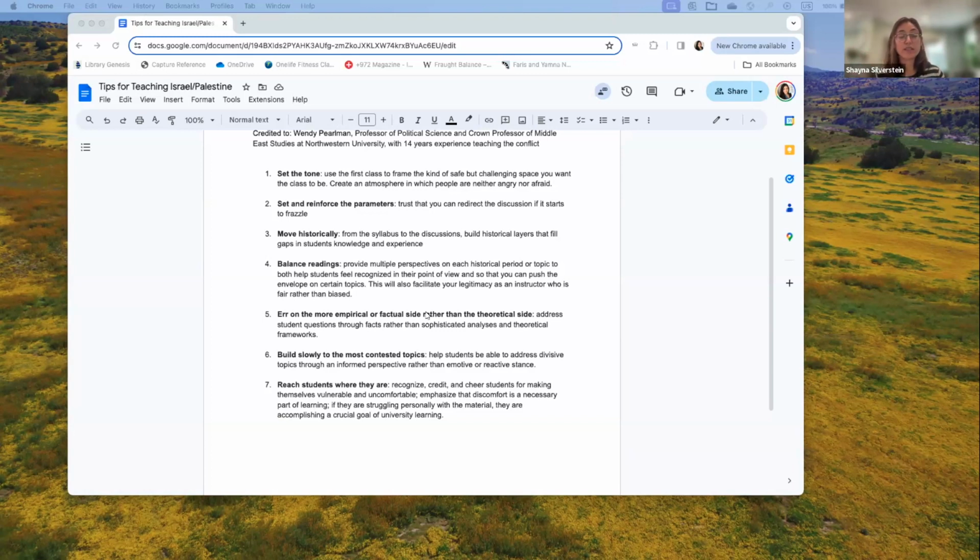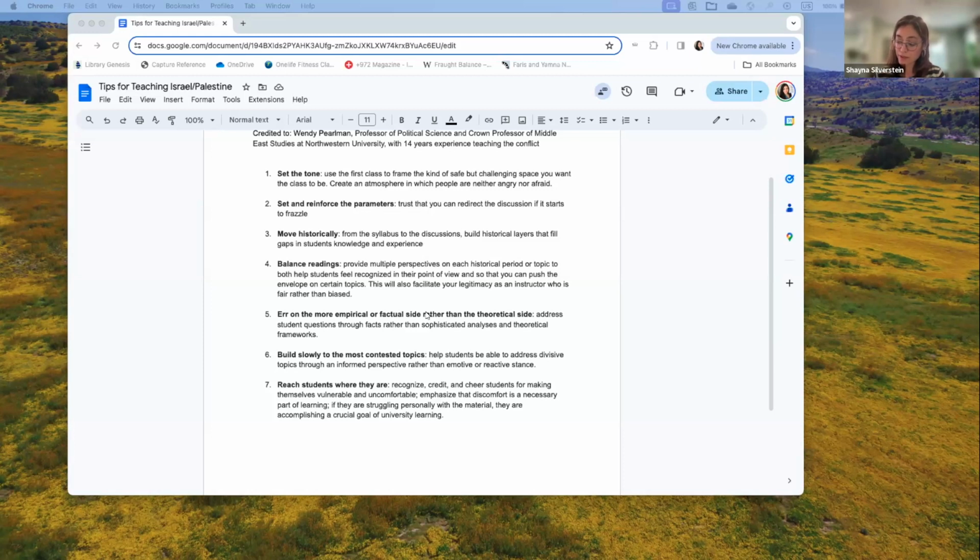One recommendation that Wendy Perlman has for balancing readings is she often uses a textbook called Arabs and Israelis, and we'll include this in the folder. It's tripally written by Israeli, Palestinian, and Egyptian scholars. So it presents Israeli, Palestinian, and Arab narratives for each historical period that it covers.